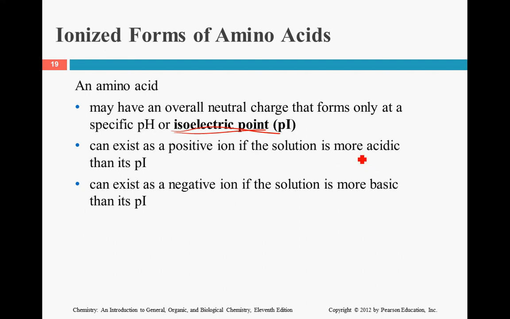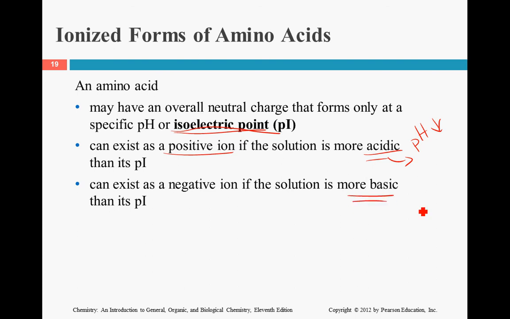If the pH that the amino acid is in is acidic, meaning the pH goes down, because remember, the lower the pH, the more acidic it is, it actually makes a positive ion.